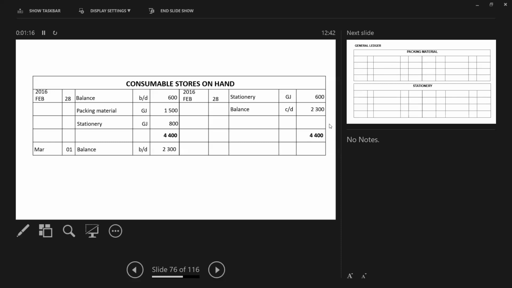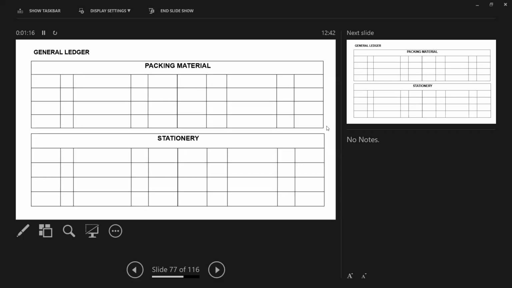Packing material for the current year will be the balance we have in the trial balance, subtract the unused packing material of 1.5. Our packing material that will go to profit or loss account will be 3,500 minus 1,500.